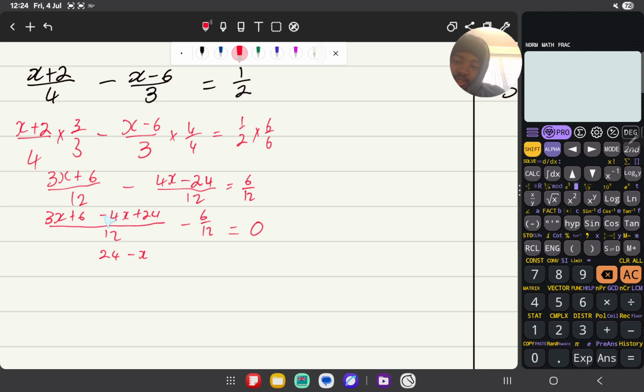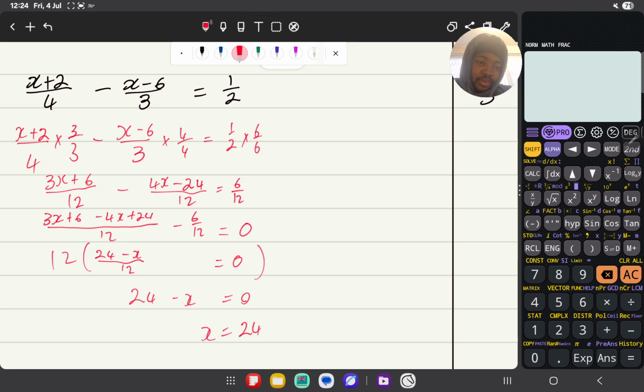Did you see it? 6 minus 6 is 0 plus 24 is 24. 3x minus 4x is minus x over 12, but this whole thing equals 0. Then you multiply by 12, you have 24 minus x equals 0, x equals 24.